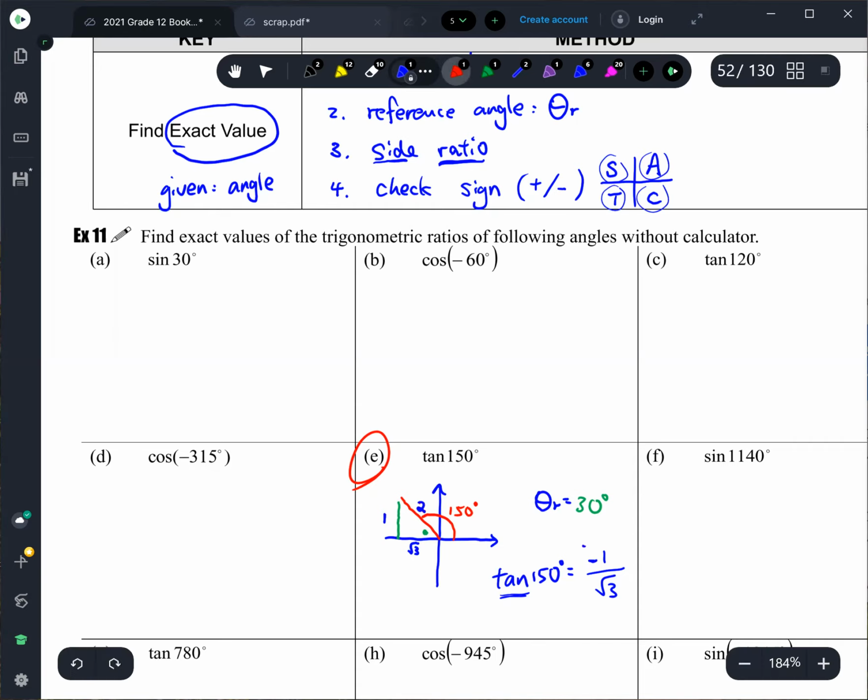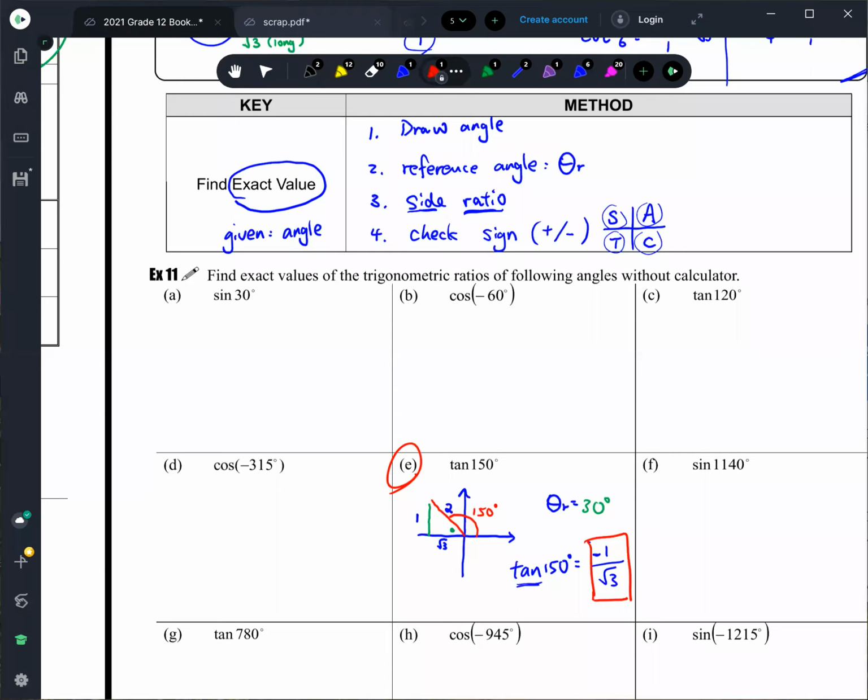So it takes 4 steps to get there. Of course, the first one we go into so much detail. As you do more, it gets easier. So draw angle, reference angle, side ratios, and then you check the sign.